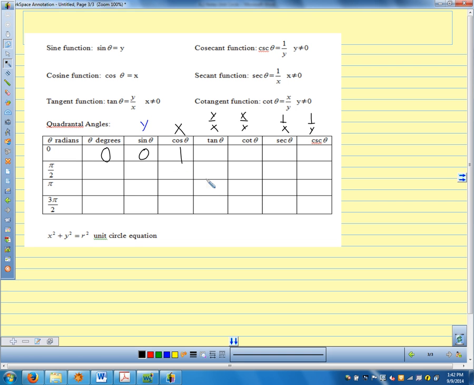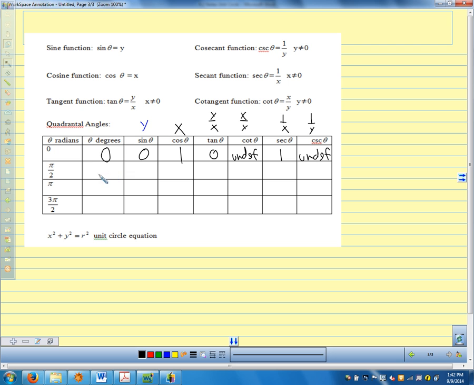Tangent, y over x: 0. Cotangent, x over y: 1 over 0 is undefined. Secant, 1 over x is 1. Cosecant, 1 over y, undefined.